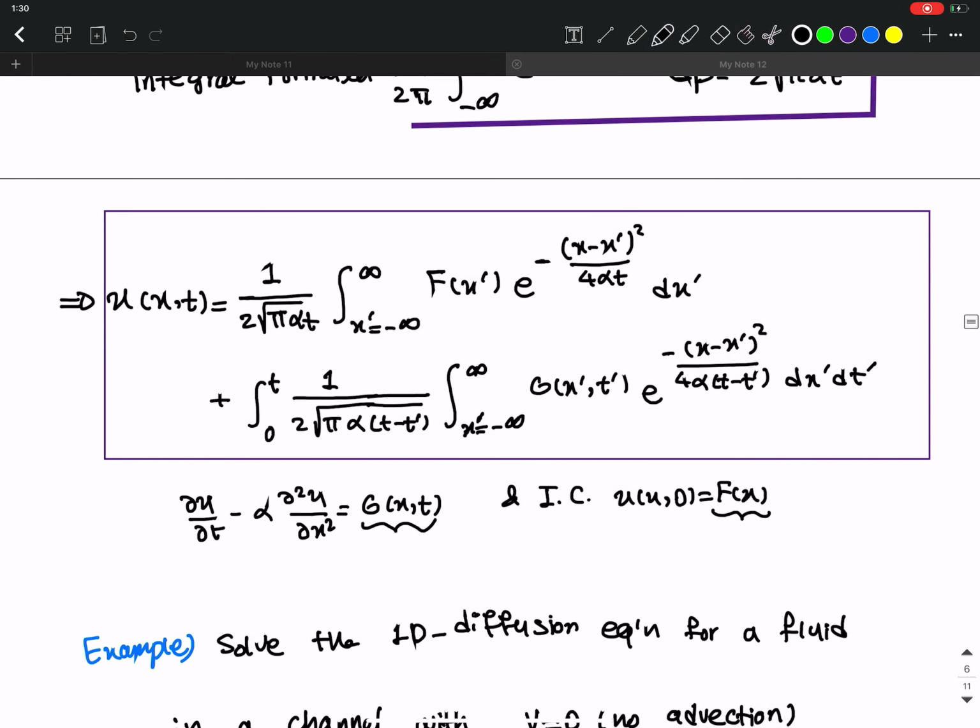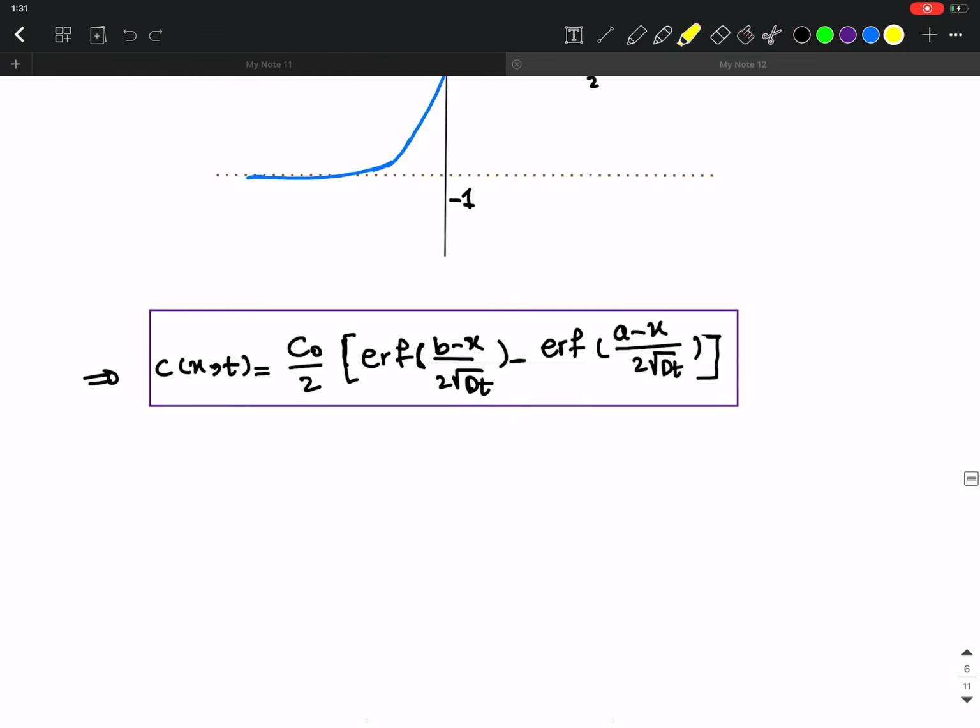Now the difference is this term is going to be 0 and we only have this term. The reason is f of x is 0 in our problem, so we don't have any initial condition. The initial condition is 0, so this term is removed and we only have g of x and t now. So we only have this second integral in this problem compared to the last one, which was different.